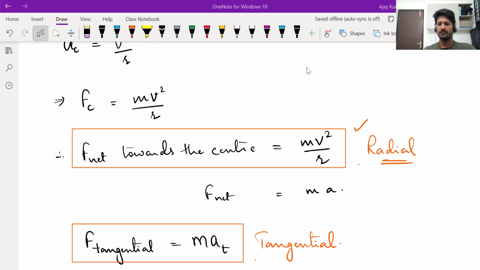So you all tell me, on flat ground, if a vehicle is taking a turn, which force do you think helps in taking the turn? Don't say centripetal. I'm asking what is the centripetal force in that case? Friction, sir. Friction, correct.